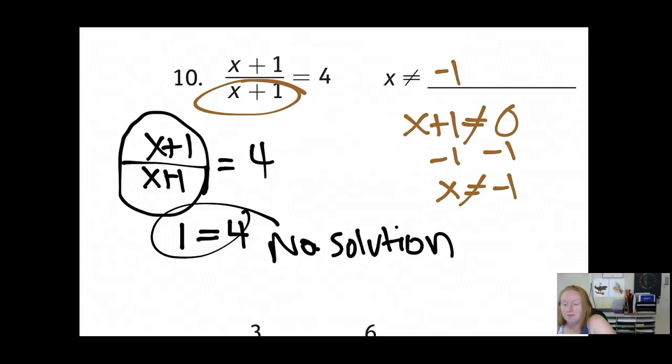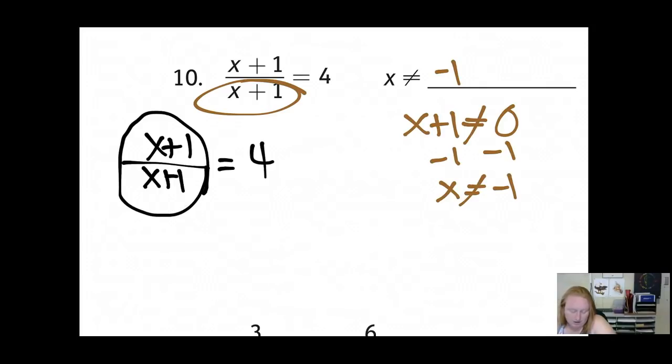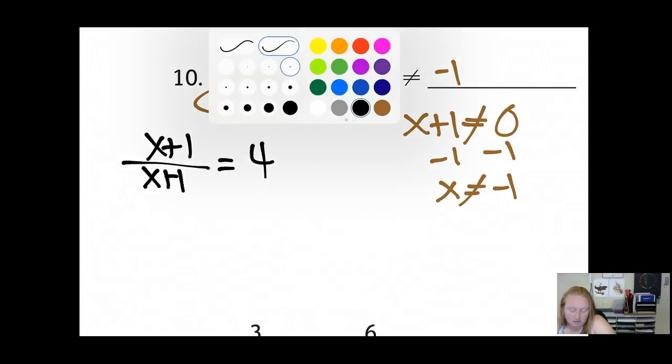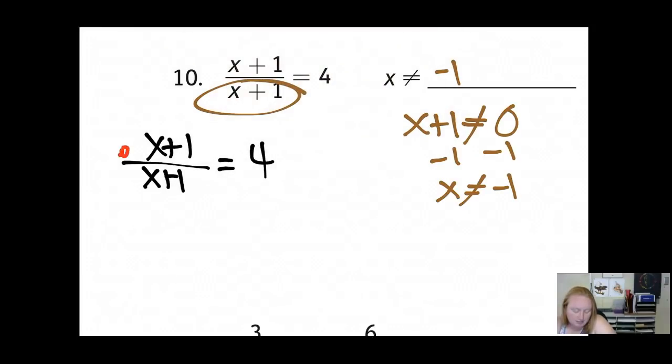But just in case you were so in your groove and you actually went and multiplied, I'm going to go and do that for you. If I multiply both sides by x plus 1, that cancels. I get this here in parentheses. Don't forget that 4 is going to have to go to both of those things.